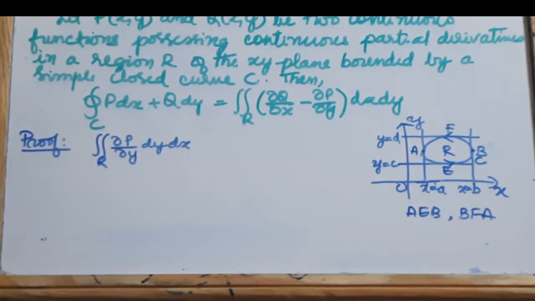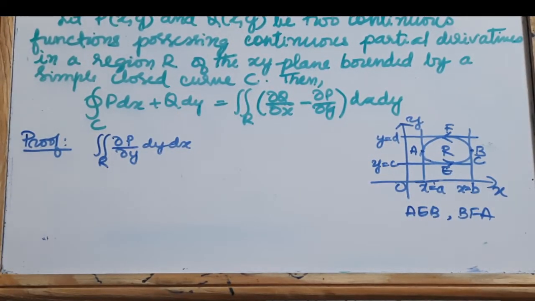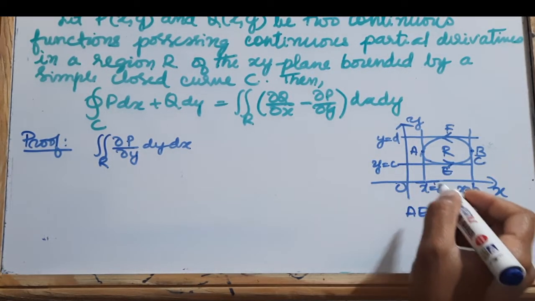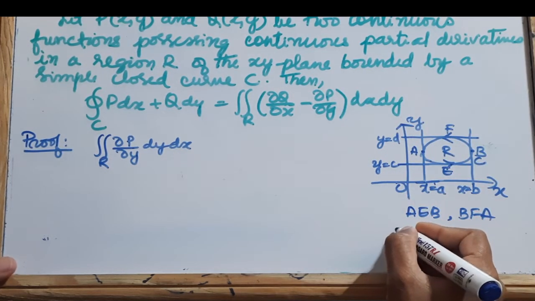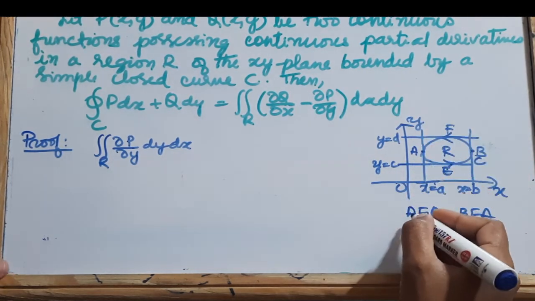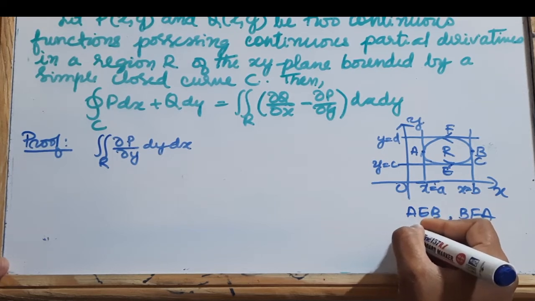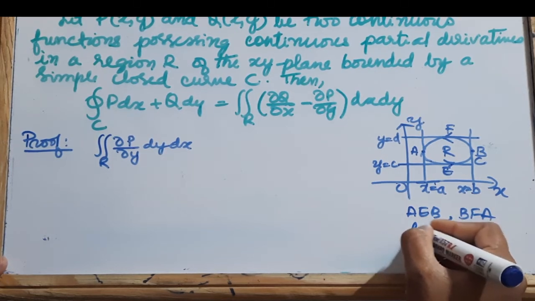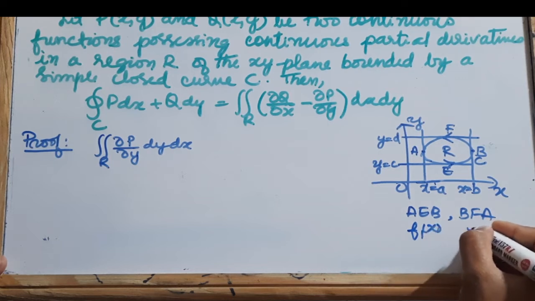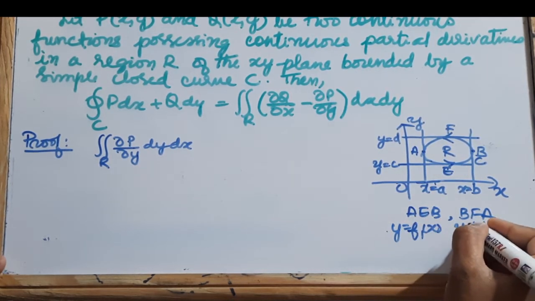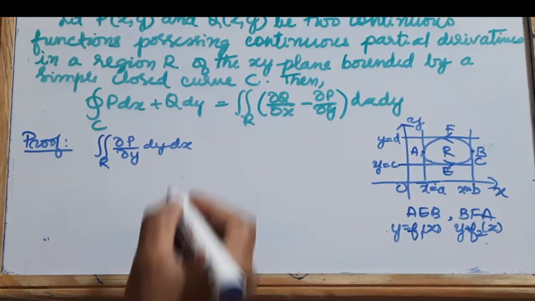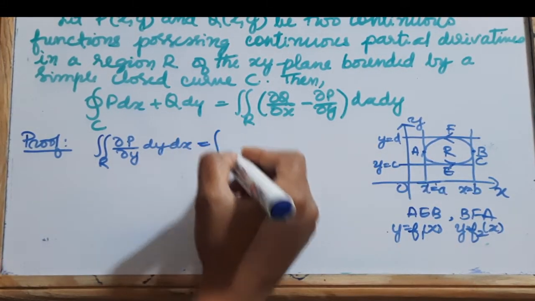Therefore, if I want to find the double integral over this particular region, I shall take the equations for AEB and BFA because these are curves, they have certain equations. I will take them as y is equal to f1 of x and y is equal to f2 of x. Now let's mark the region over here.